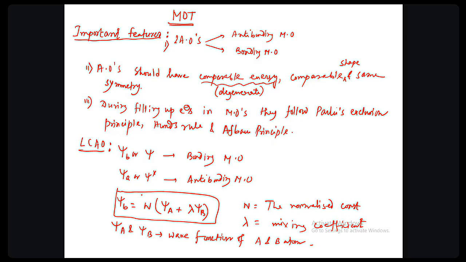But if it is anti-bonding MO, what will the equation be? At that time we can write psi star equals N into psi A plus or minus lambda into psi B. That means N into psi A minus lambda psi B. Here lambda is the mixing coefficient, because when anti-bonding MO is formed, the sign of the wave function is different.